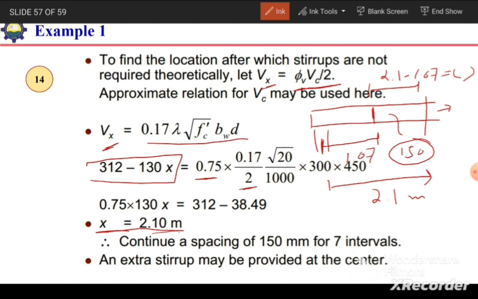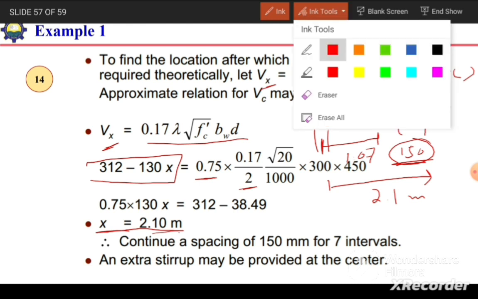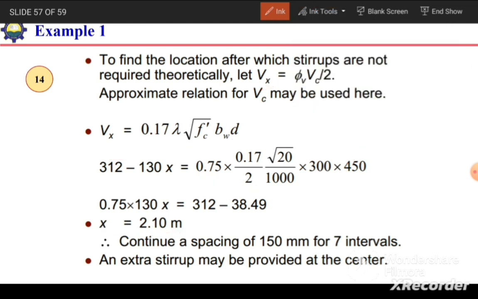So this is about 1 meter, and if we place the stirrups at a spacing of 150 millimeters, we can provide a maximum of 7 intervals, or we can place 7 stirrups in between this location. So we can continue a spacing of 150 millimeter for 7 intervals, and an extra stirrup may be provided at the center.